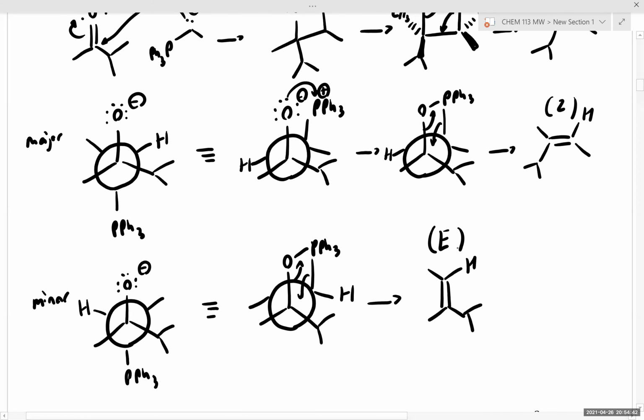Does this example make sense to everyone? And this was discussed in the chapter 19 notes. I don't remember the minor product Newman projection being drawn in the notes. So I was really confused on the minor product. This is the same Newman projection drawn for the stabilized ylide.